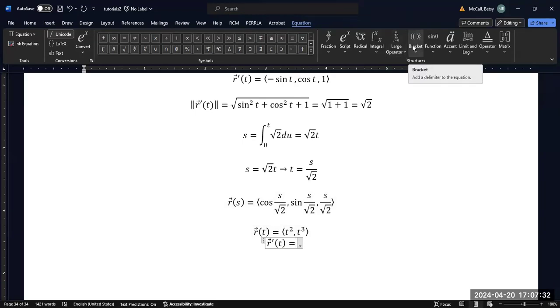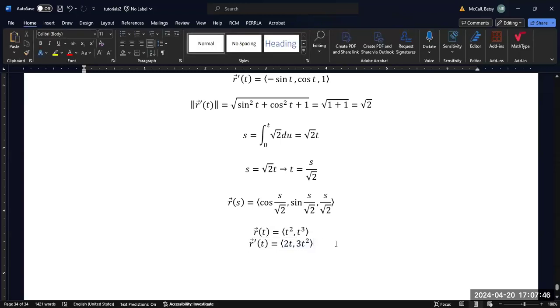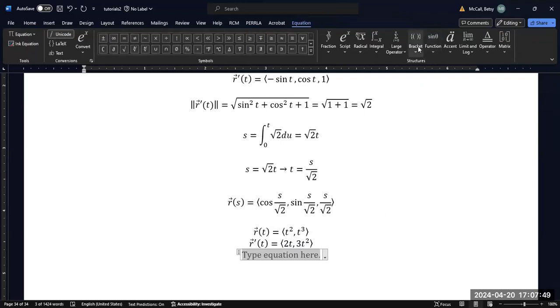I can change the coefficients on this, that's not going to be a problem. I'm going to get 2t and 3t squared, and that should be a comma. And then the magnitude of that is going to be the square root of 2t quantity squared, which is 4t squared, plus 3t squared quantity squared, which is going to be 9t to the fourth.